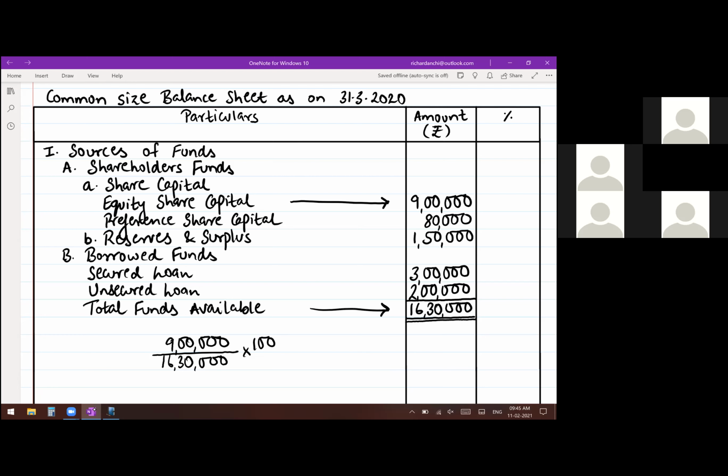Calculate and tell me what percentage that is. 9 lakhs divided by 16,30,000 into 100. 55.21%. Okay. Write that in the percentage column. 55.21%.